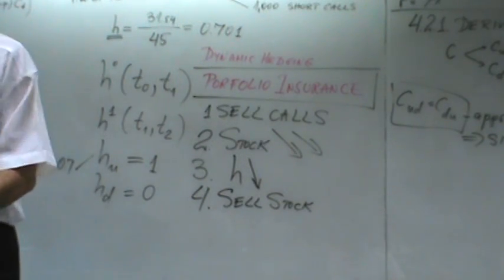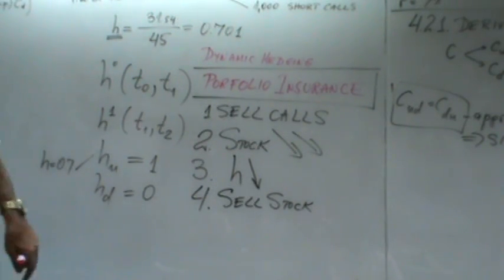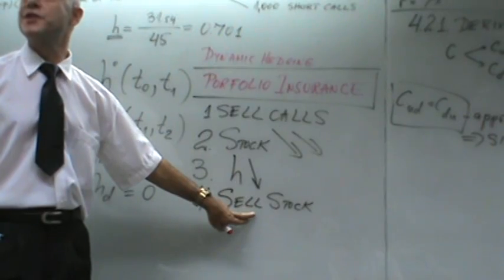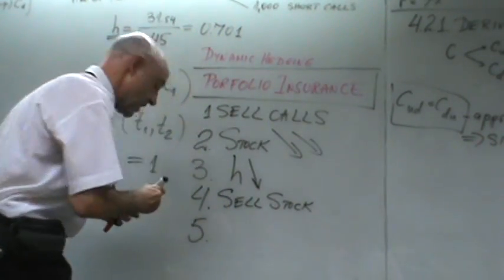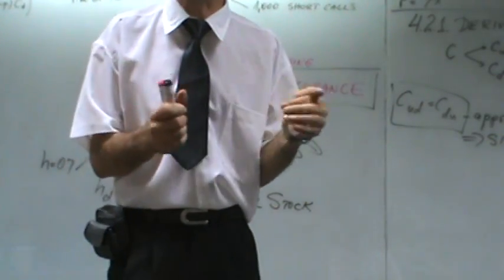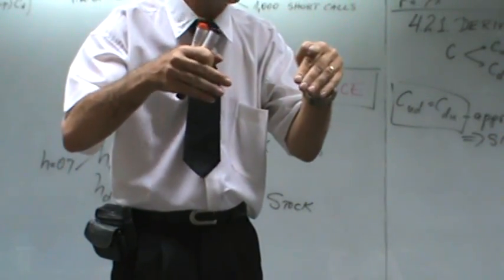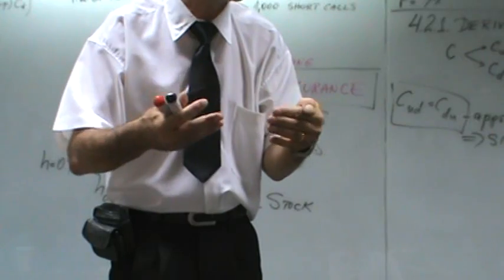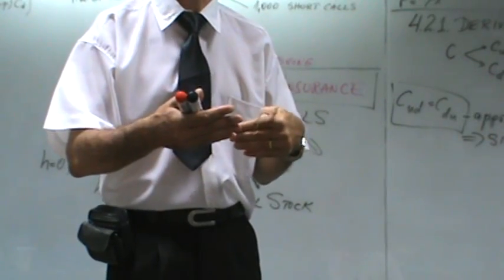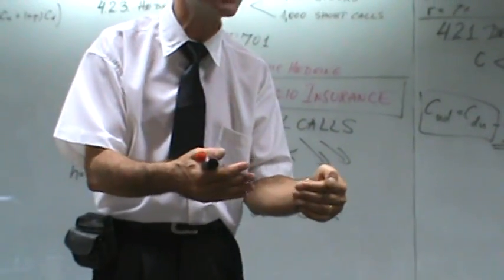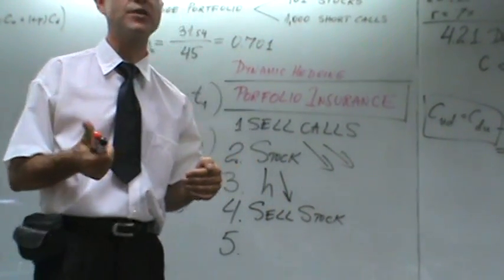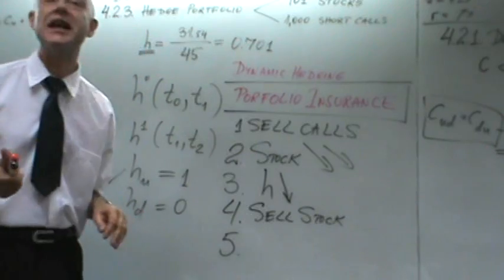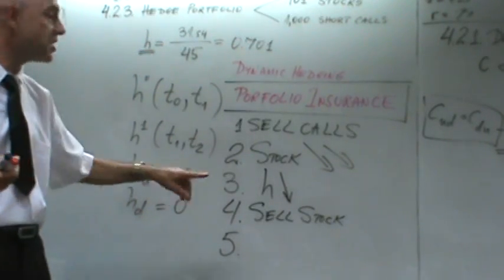And when you sell the stock, in other words, you say, oh Jesus, the stock market is falling. I need to protect myself. Because you're losing on your stock, you need to sell some of your stock.